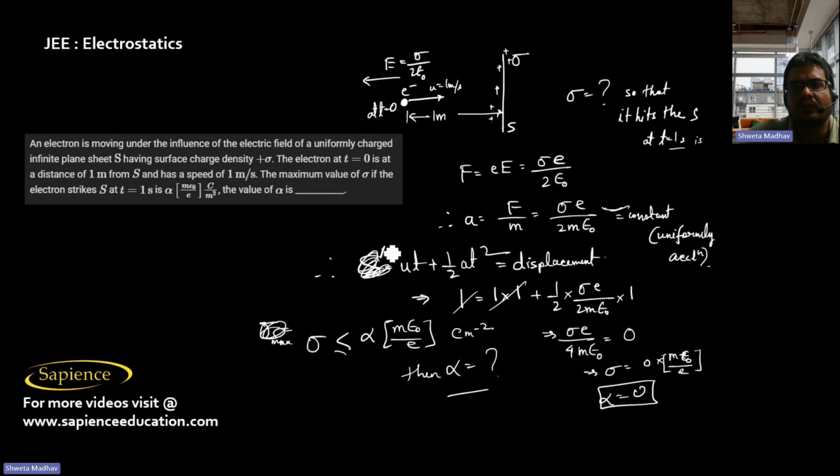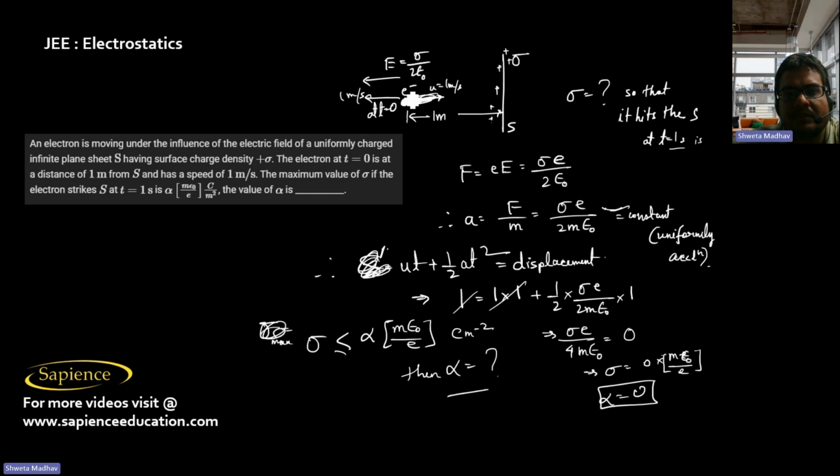Okay, so here the force is acting, electric field is like this. Speed of 1 meter per second. This can be away from the charge also, means away from the sheet also. It can be like this, 1 meter per second.